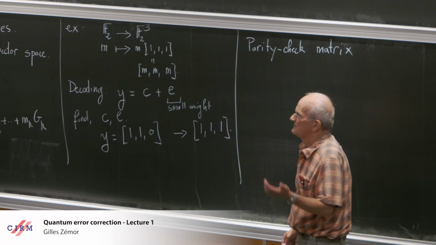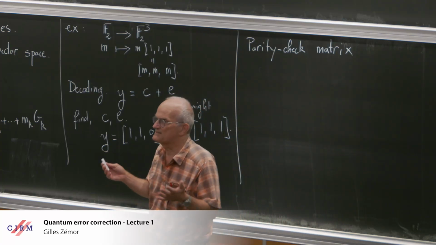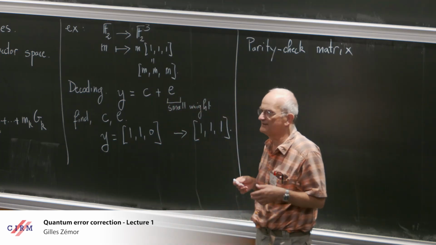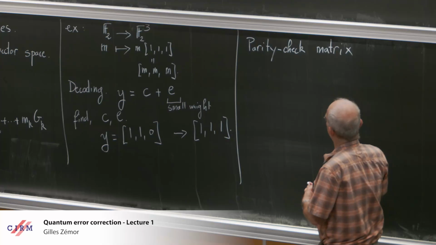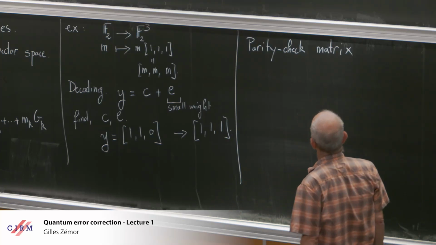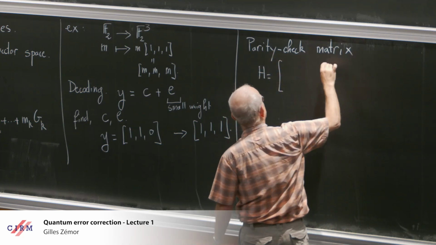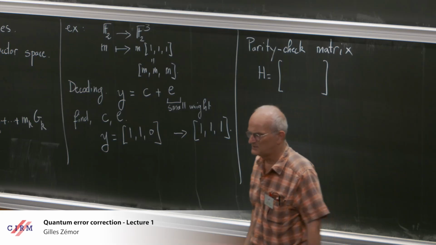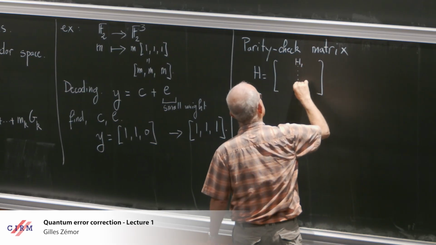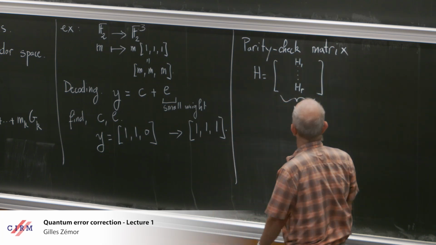So when you learn linear algebra, you learn that vector spaces can be described in 2 ways. You can give a basis, or you can give a set of equations. So a vector space alternatively gets described as a set of equations. So a parity check matrix is a set of vectors which give you the coefficients of an equation, h1 through hr, again, with n columns.